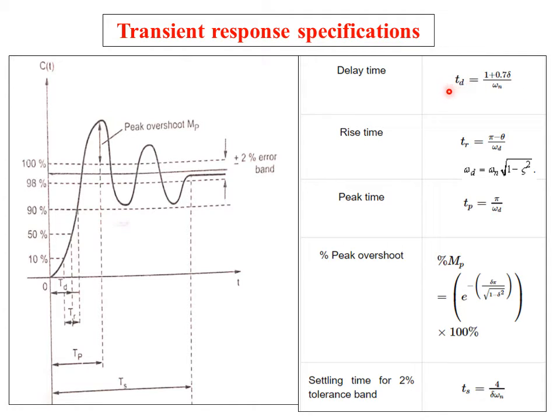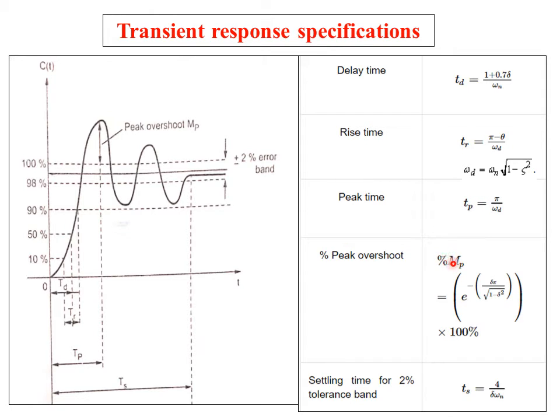The delay time is calculated as 1 plus 0.7 zeta upon omega n, where omega n is the natural frequency. Rise time is pi minus theta, that is the angle, upon omega d. Omega d is the damped natural frequency, equal to omega n under root 1 minus zeta square. Similarly, peak time is equal to pi by omega d.